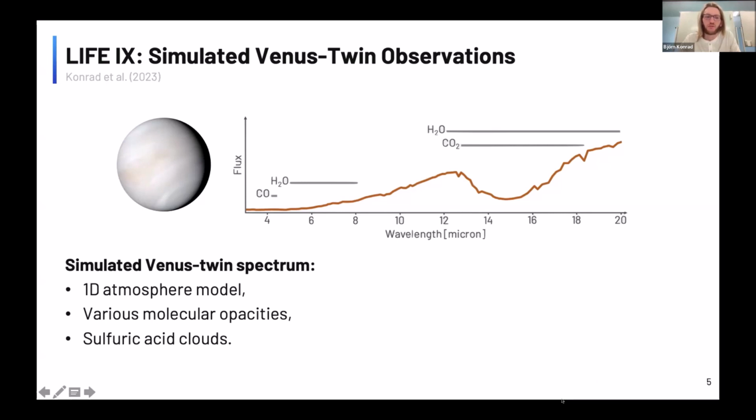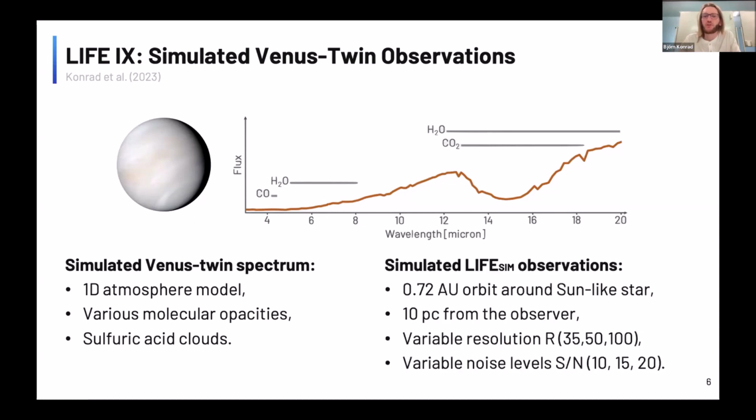In this atmosphere, we considered different molecular opacities. We accounted for water, carbon dioxide, and CO, which are basically the main molecules present above Venus's sulfuric acid cloud layer. And then, of course, we had a very simple model for the sulfuric acid clouds.